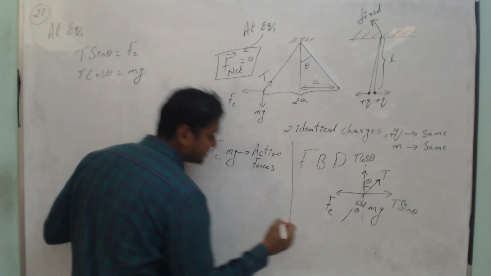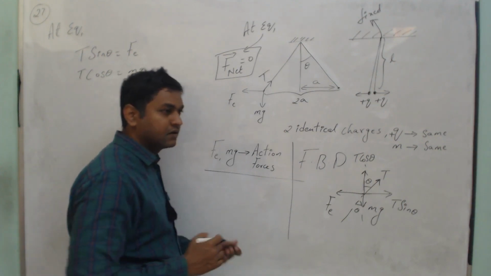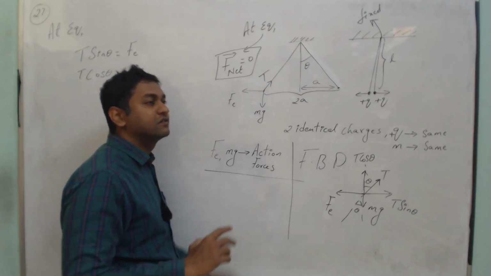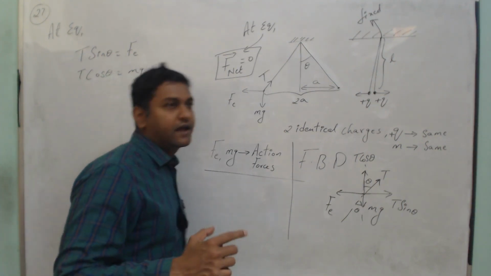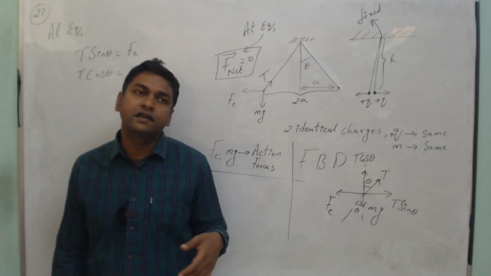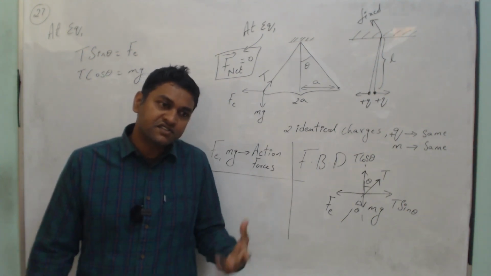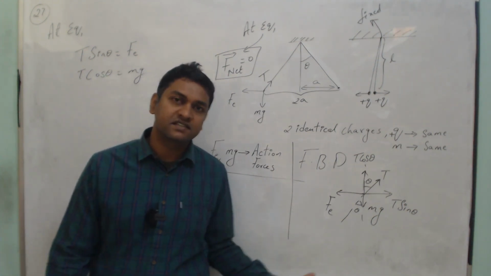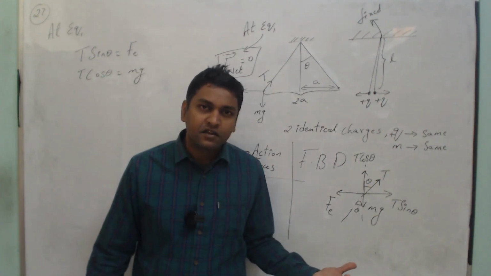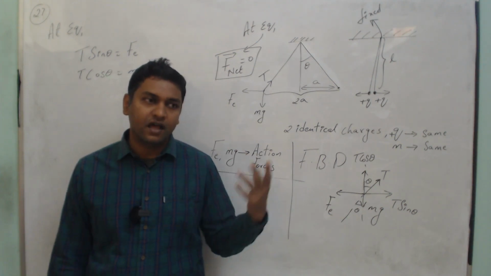Is this clear? Sir, action versus that. Correct. Good question. What is an action force? Action force is a primarily independent force which acts just due to the nature of science that is existing. Yes, sir. Electrostatic force and gravitational force are present.